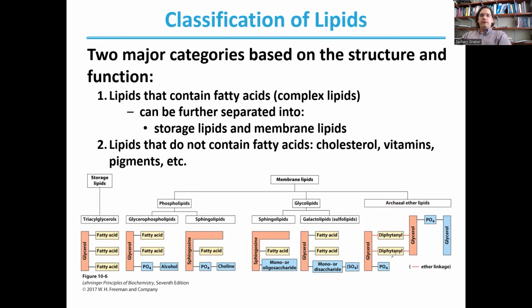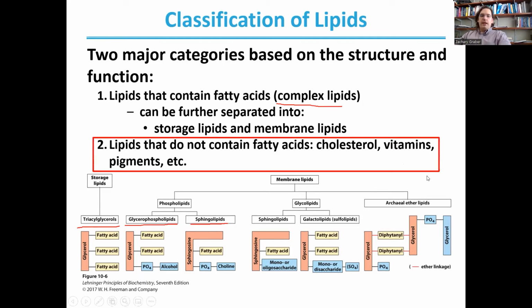So far, we've been nearly exclusively focused on our complex lipids, right? So these are all of our lipids that contain fatty acids, including things like our storage lipids that we looked at earlier, as well as our phospholipids that we see involved in our signaling interactions. That can be our glycerophospholipids or sphingolipids, as well, of course, those strange ether-linked lipids as well.